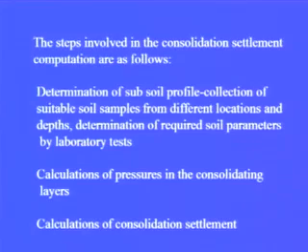Now, in order to determine the consolidation settlement, the steps involved are as follows: determination of the subsoil profile, collection of suitable soil samples from different locations and depths, and determination of required soil parameters by laboratory tests. So, if we want to determine the consolidation settlement of a compressible layer, we first have to get the subsoil profile of the area.